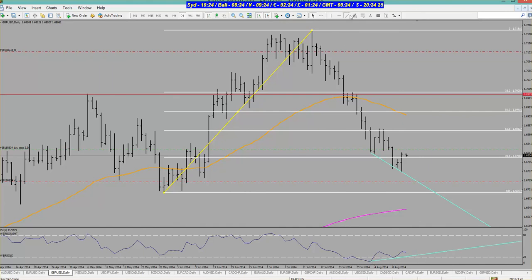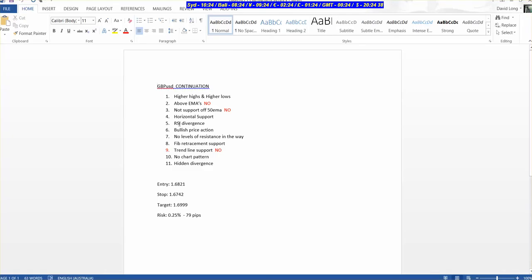And you've got hidden divergence from the previous low. Yeah. Which is also bullish. Okay. So you've got both. I'll just write that in as bullish hidden divergence and bullish reversal divergence. Otherwise, yeah, that's good.